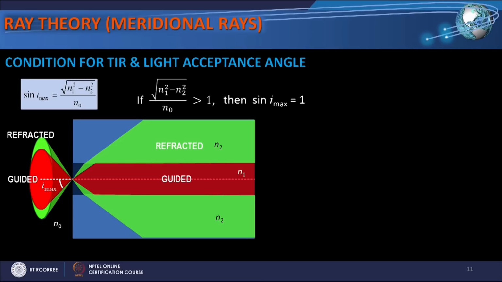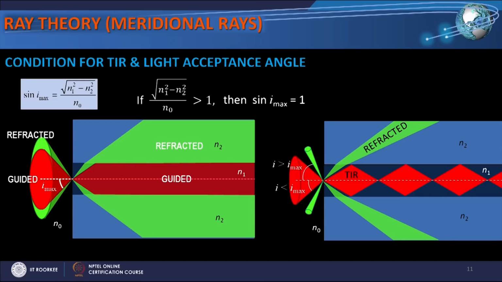I can see it in this way also: if this cone of light has a semi-vertical angle smaller than i max, then this light will be guided through total internal reflection, and if I launch light in this region where the angles are larger than i max, then this light will be refracted and will not be guided through the optical fiber.